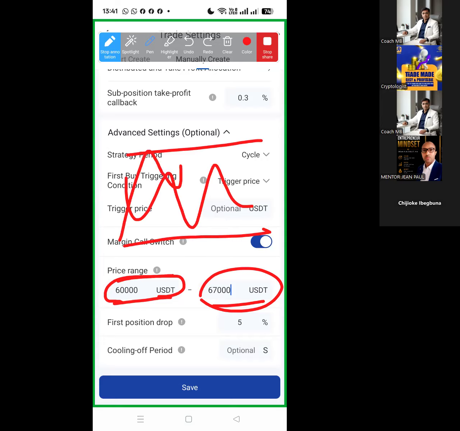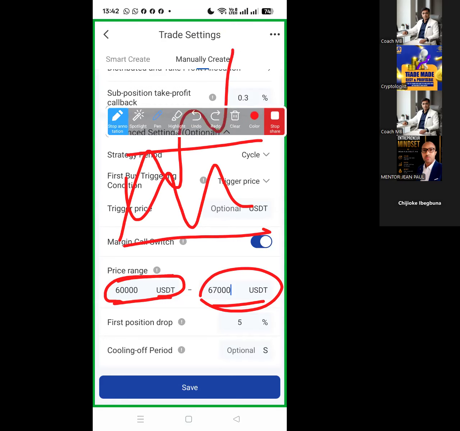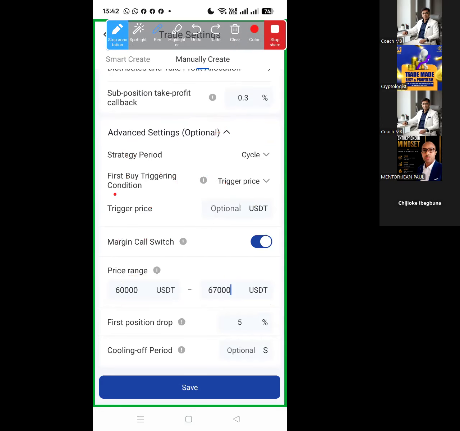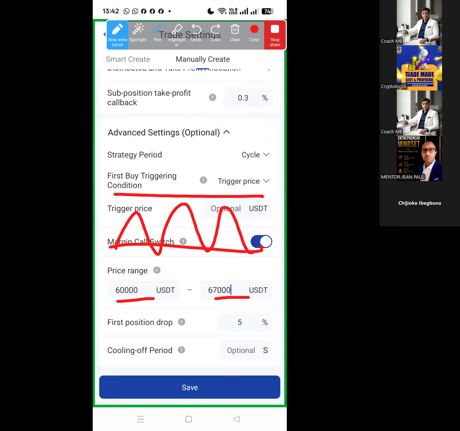So what happens if it is in an uptrend? It will not come back into this range. If the market has crossed your range, suppose you want the market to be in this range, 60 to 67,000, and it crossed the higher limit, it will not sell and will not buy for you again. It will wait for the market to go below and enter this range again, and after that it will buy.